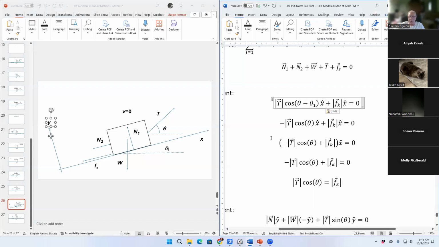What else are we going to do? We are going to write down the contribution of the force of static friction, which is along the negative direction of the x-axis.